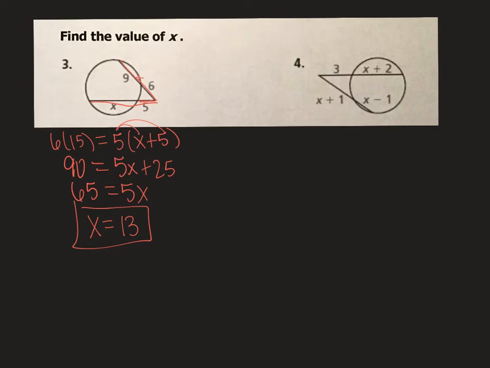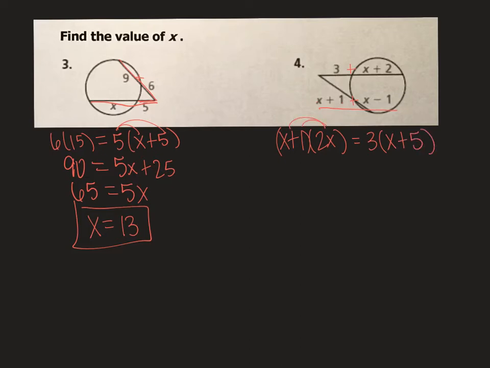And then I'm doing the same thing for number 4, but it's going to be a little bit more involved in the multiplying. So I've got x plus 1 times this whole thing added together. So x and x is 2x, 1 and negative 1 is 0. And then the outside 3 times 3 plus x plus 2, or x plus 5.